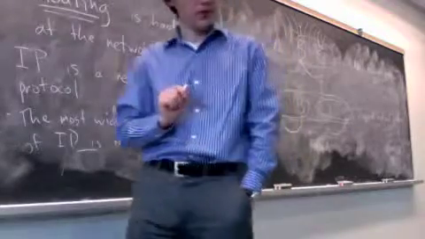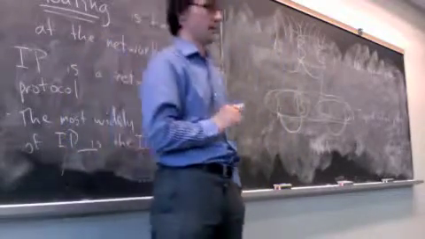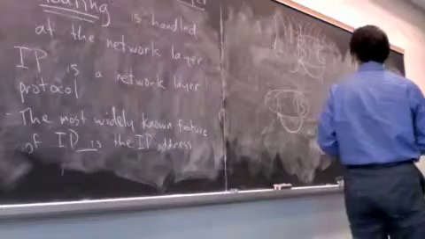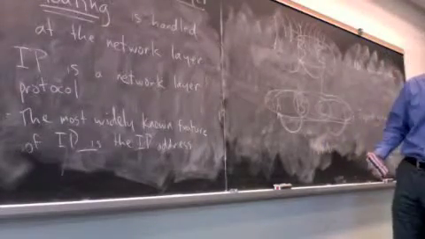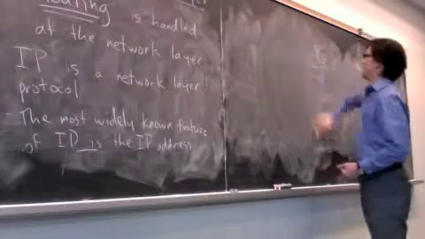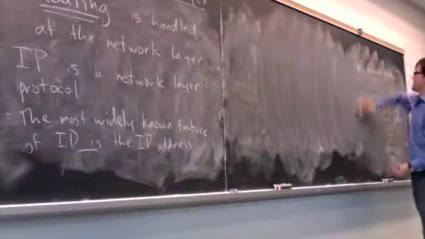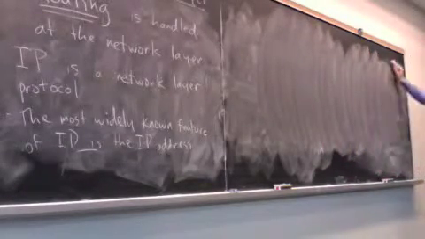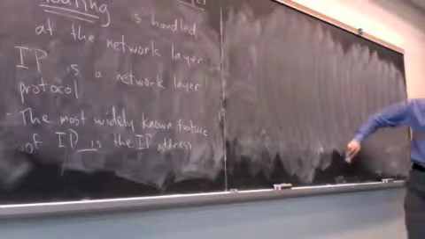Every computer attached to an IP network is assigned an IP address. On the internet, the internet is an IP network, and every device attached to the internet must be assigned a unique IP address.